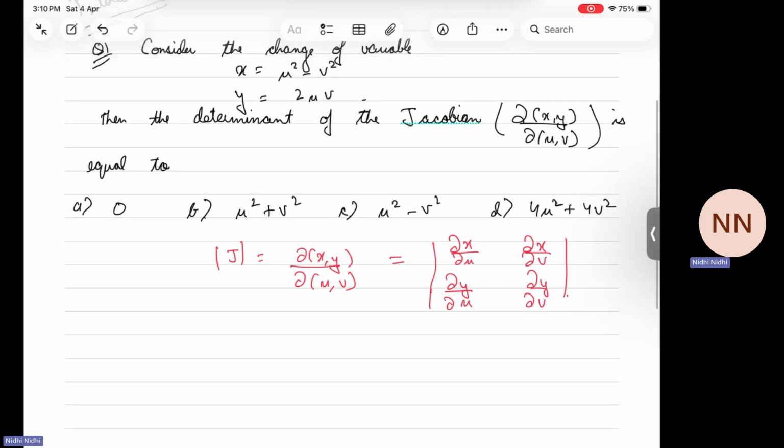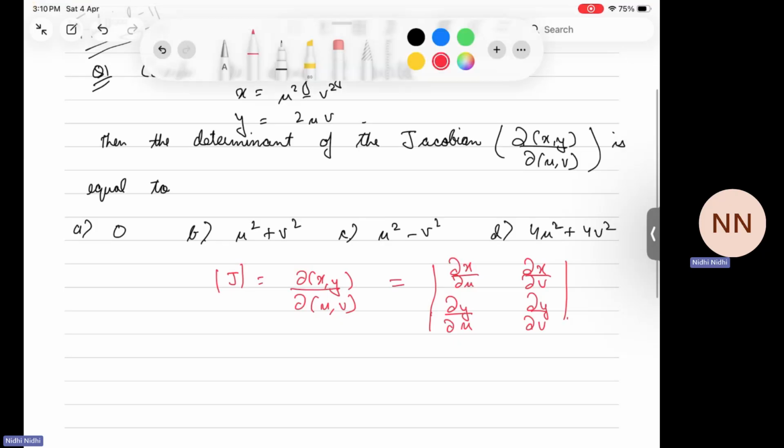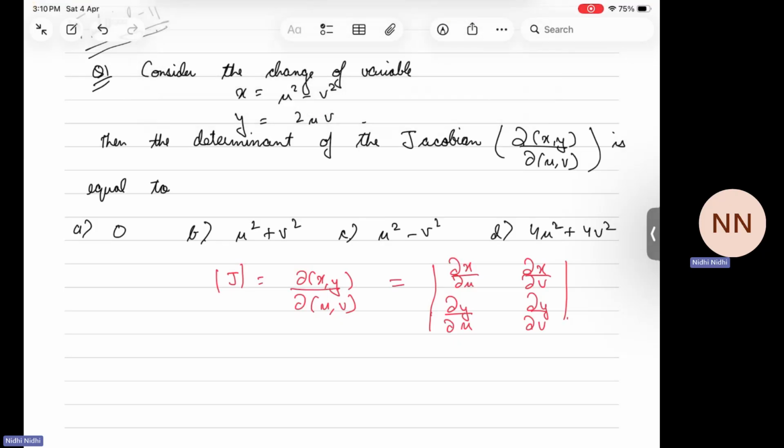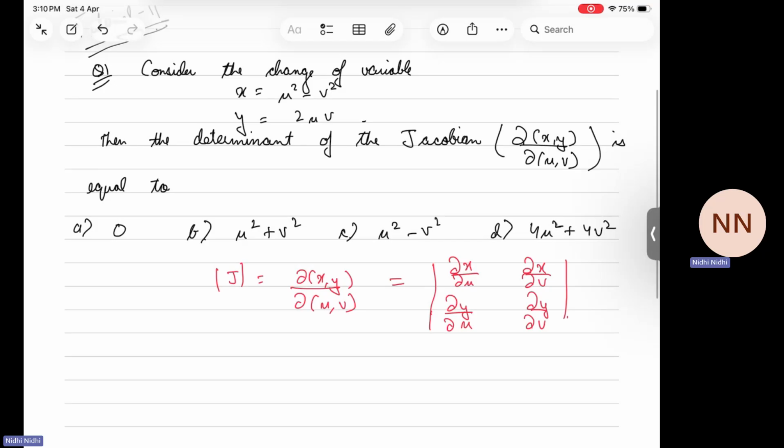So I would like you to evaluate this determinant first, then we'll check whether you're able to get exactly the same. All you need to do is differentiate x and y with respect to u and v separately and find this determinant. I'll wait for 2 minutes. Please solve yourself, and then we will discuss.